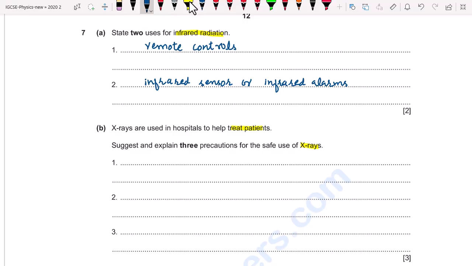Limit intensity of X-ray beam, and to limit dose. And we also have to limit the time of exposure.